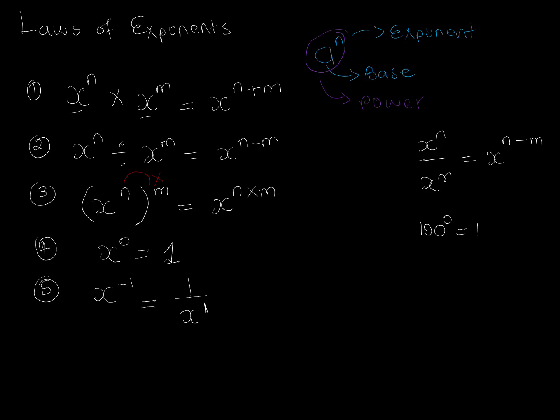Let me give you an example. Let's say I have x squared to the power negative 2. If we write it with a positive exponent, it is going to be 1 over everything without that negative. I hope you guys understand what is going on.